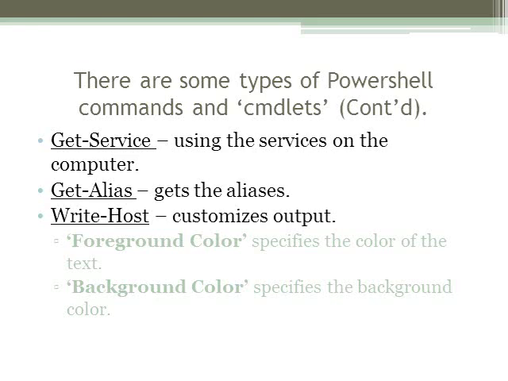Now the foreground color specifies the color of the text, and then the background color specifies the background color, and it can be used to pick any colors like red, yellow, blue, gray, green, cyan, magenta, or other colors that you pick on your Write-Host command.